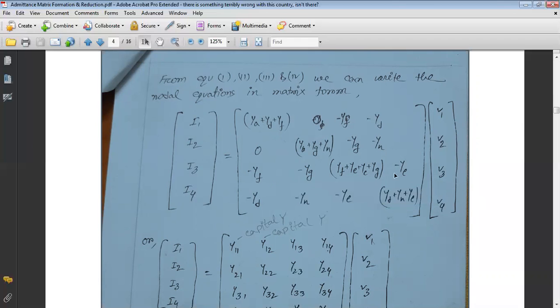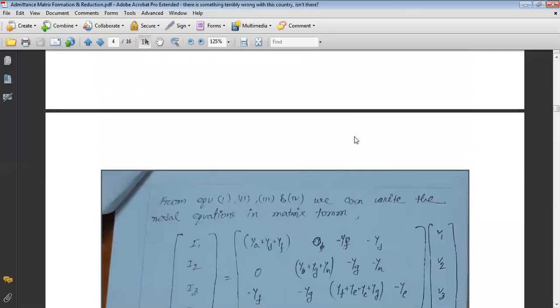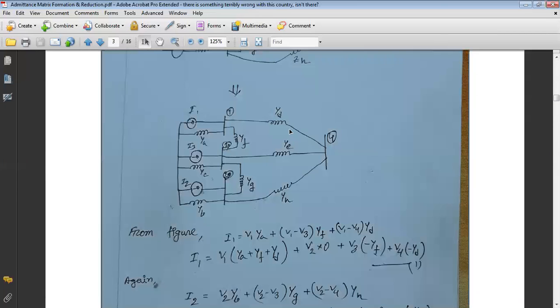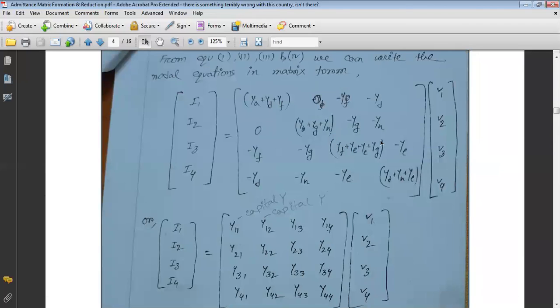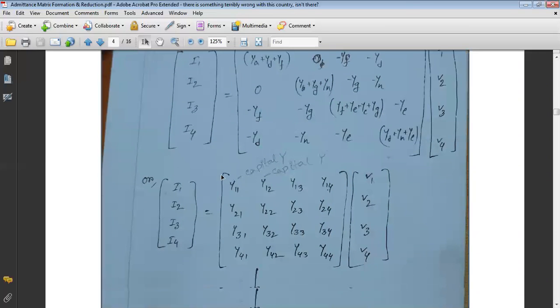We know this is the coefficient matrix of bus voltages of the bus current equations, and this coefficient contains only admittances, and these are the network admittances. Network admittance means the admittance value which is given in the question or in the figure. Now from this network admittance we can formulate the bus admittance matrix, and this matrix is called the bus admittance matrix.